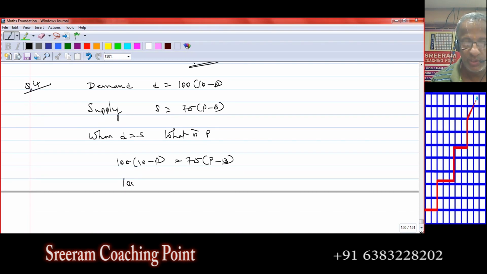It is 1000 minus 100P equal to 75P minus 225. 25P.